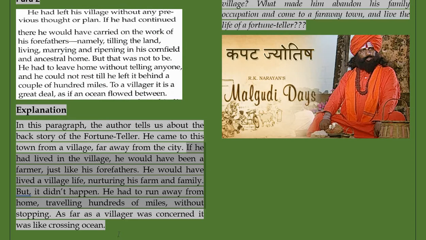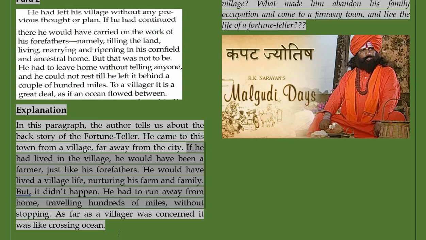This fortune teller didn't belong to this town. He came to this town from a far away village. He belonged to the family of farmers. His forefathers were farmers. If he had lived in that village, he would have lived the life of a farmer. But it didn't happen.